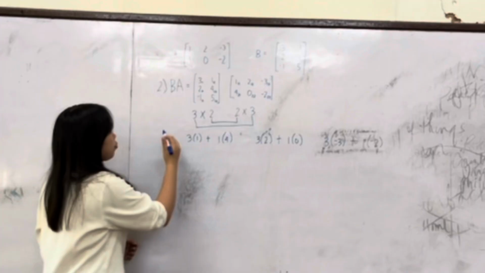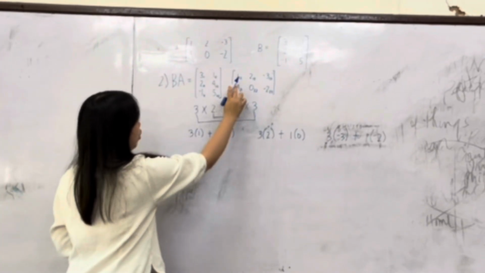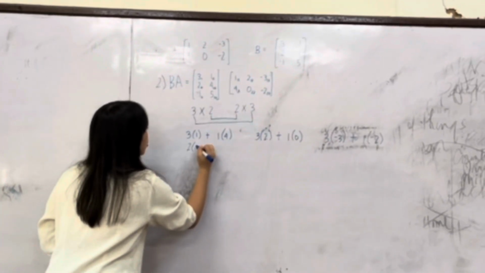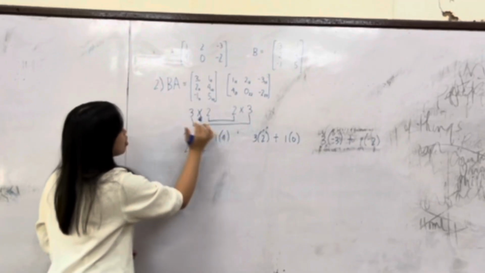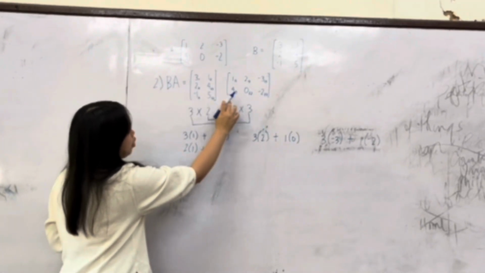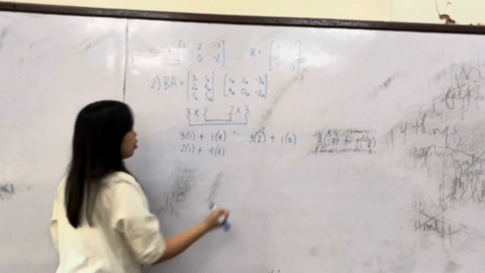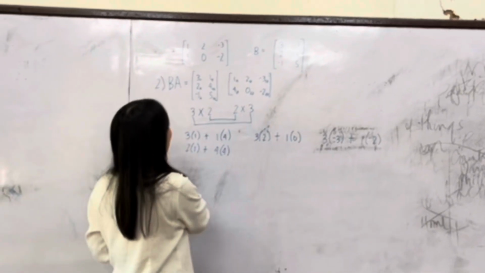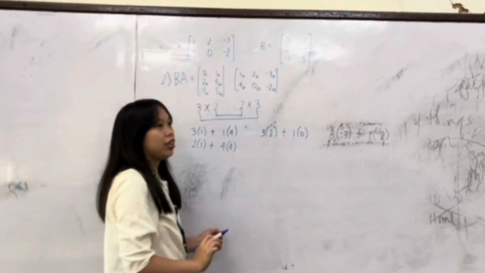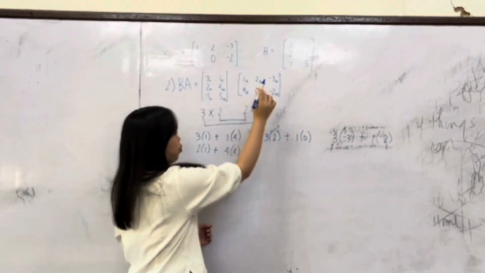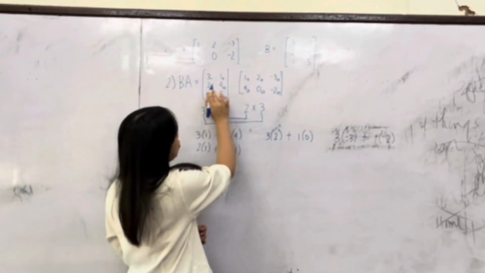So, it will be 2 multiplied to 1 plus 4 multiplied to 4. Got it? Okay. And then 2 multiplied to a sub 1, 2. And that will be 2 multiplied to 2.